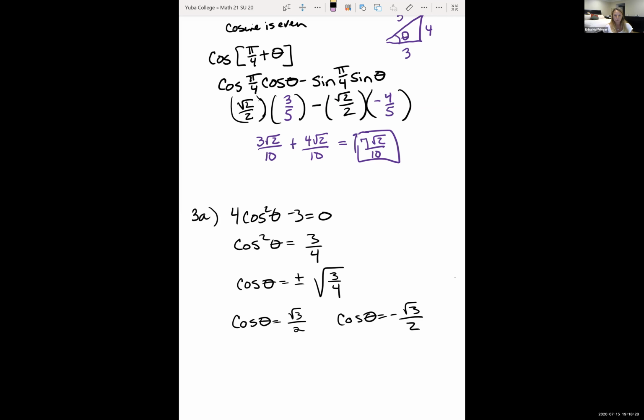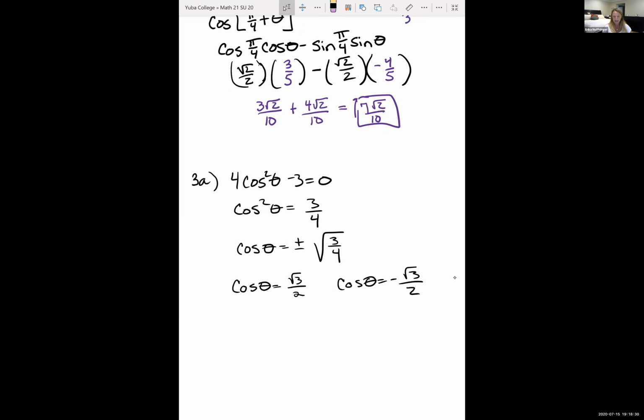Well, our reference angle in quadrant 1 is 30 degrees, which is pi/6. So theta is equal to pi/6. It's also positive in quadrant 4. So 2 pi minus pi/6 is 12 pi/6 minus 1 pi/6, which is 11 pi/6.